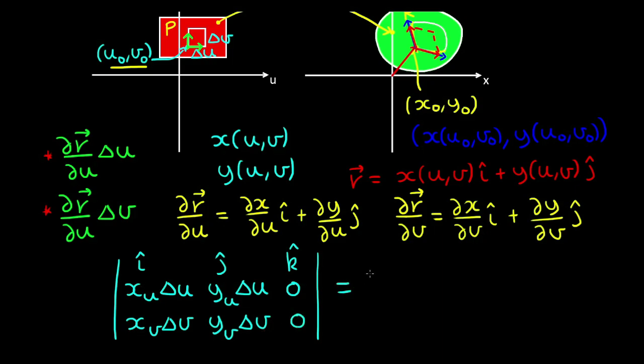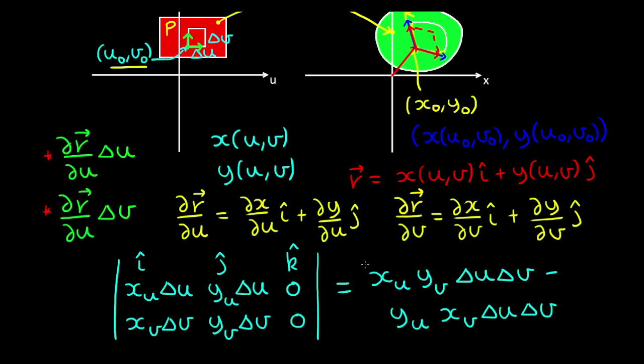So what we get is the partial of x with respect to u by the partial of y with respect to v by delta u delta v, and minus the partial of y with respect to u by the partial of x with respect to v by delta u delta v. So this is essentially the z component of the resulting vector that points out of the plane.